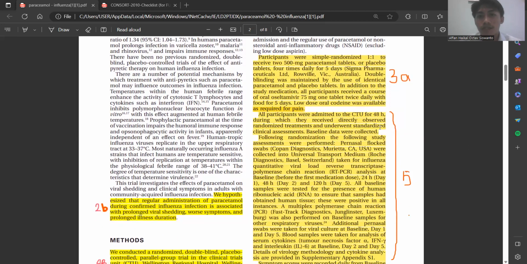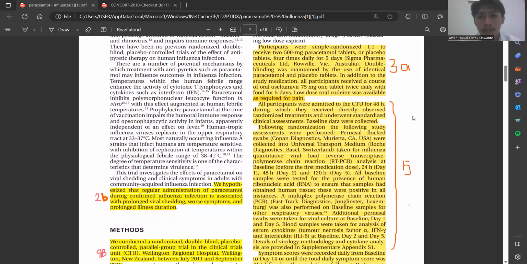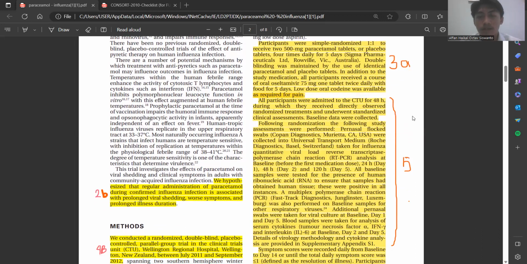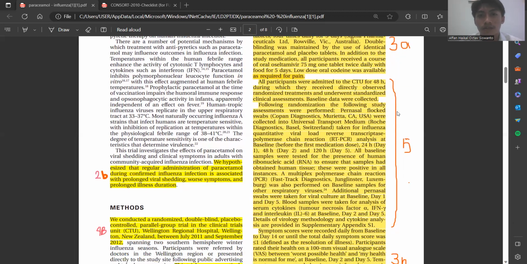Double blinding was maintained by the use of identical paracetamol and placebo tablets. In addition to the study medication, all participants received a course of oseltamivir, 75 mg, one tablet twice daily with food for 5 days. Low-dose oral codeine was available as required for pain.